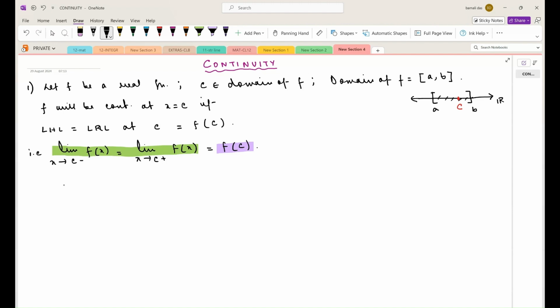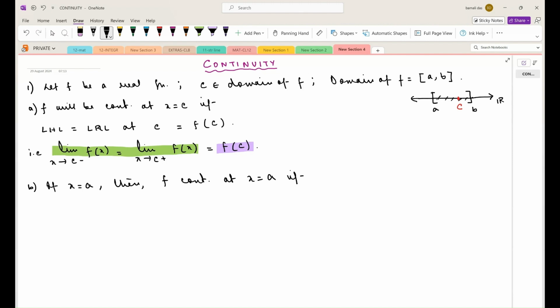Now, here we have discussed, let me name it A, the function continuous at a particular point C within the domain. Now, suppose that point is A or B, that is the boundary points. So, if x equal to a, f is continuous at x equal to a if, now see here, the function has no existence on the left side of a because it is confined to its domain ab.